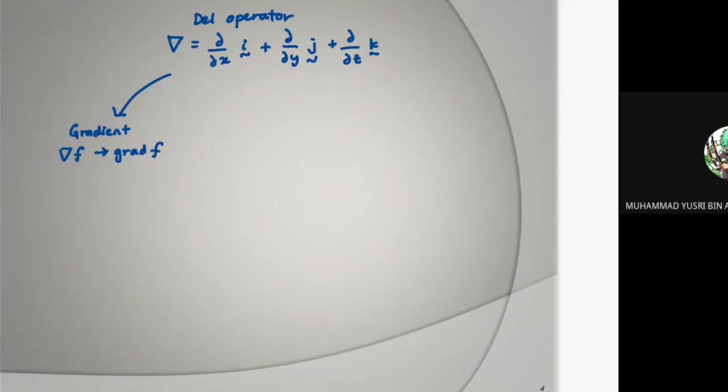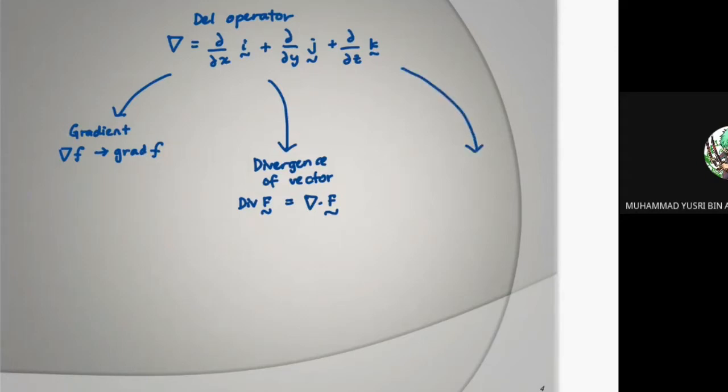This will give you the same meaning. So this f is a scalar function. Besides that, you also can find a divergence of vector. You can write like this, div, divergence of vector. This is del dot vector f. Another one, you can find the curl of vector. So curl f is equal to del operator cross product vector f.